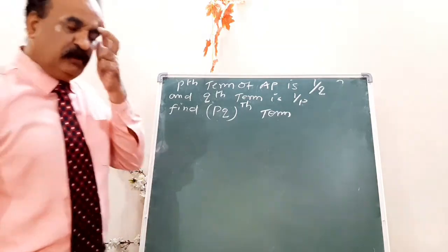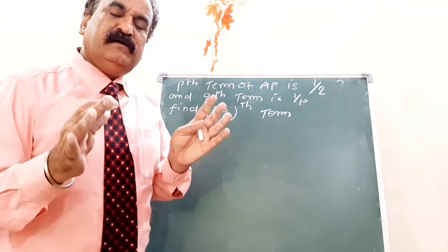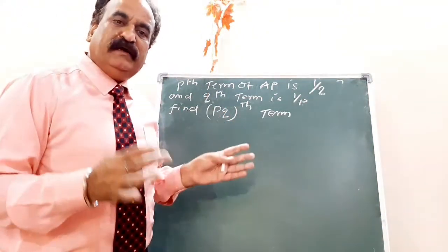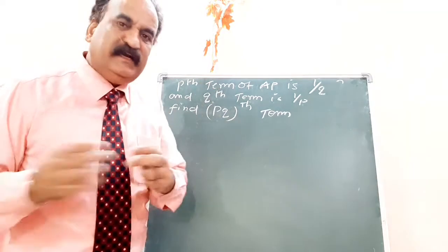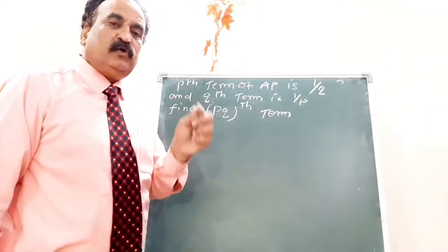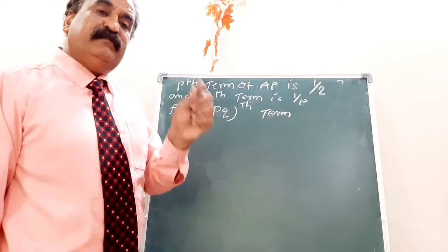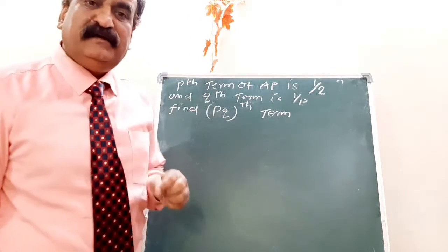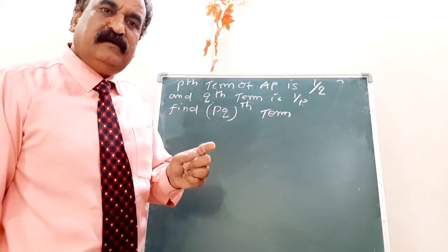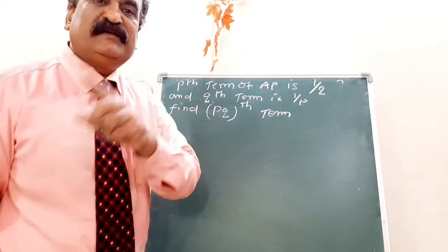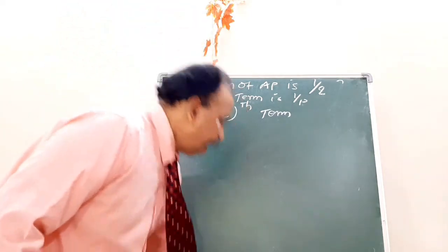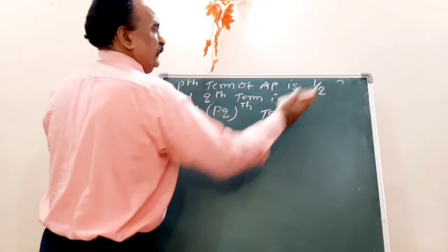Now see, I have told you, when you have to find the nth term, you will write Tn is equal to a plus n minus 1 into d. The fourth term is a plus 3d. Sixth term means a plus 5d. Let us see how. The pth term of an AP is 1 upon q.